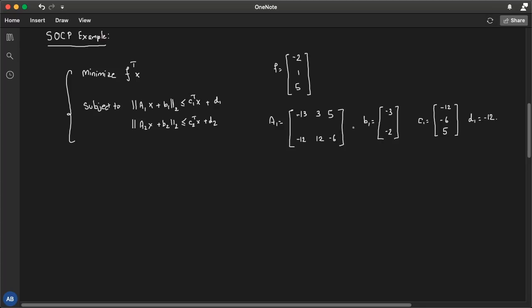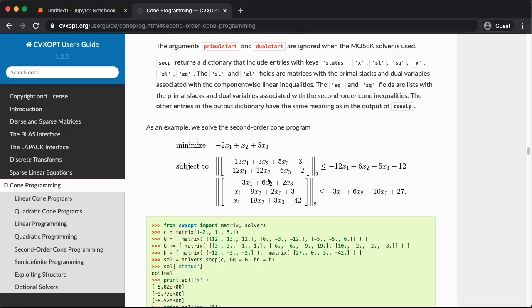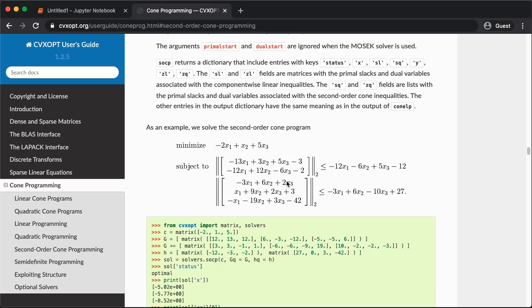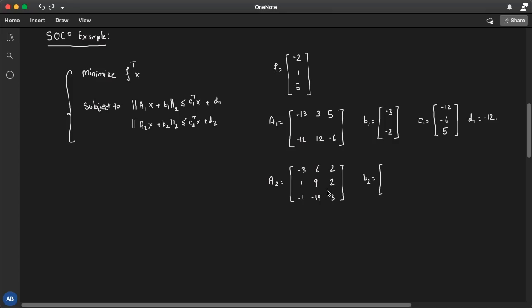Now using the same approach, we can fill in A2, B2, C2, and D2. So my A2 is going to contain minus 3, 6, 2, right? 1, 9, 2, and minus 1, minus 19, and 3. There you go. Now my B2 is going to contain 0, 3, and minus 42.